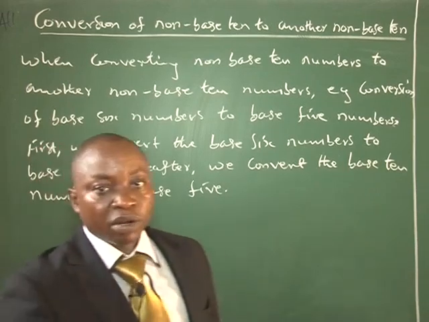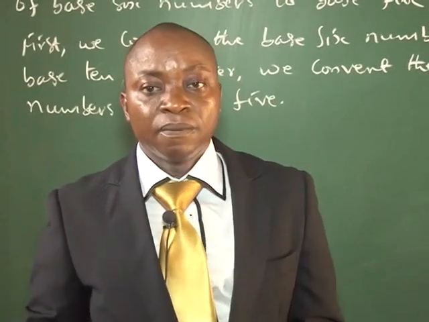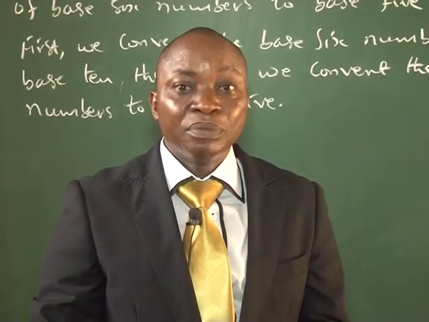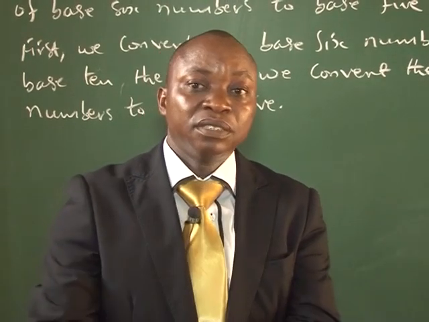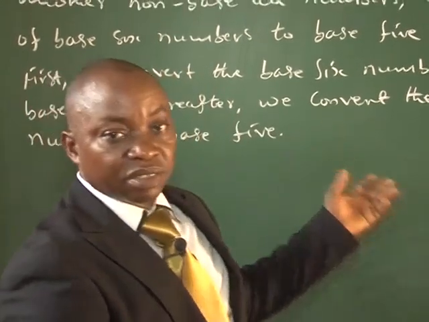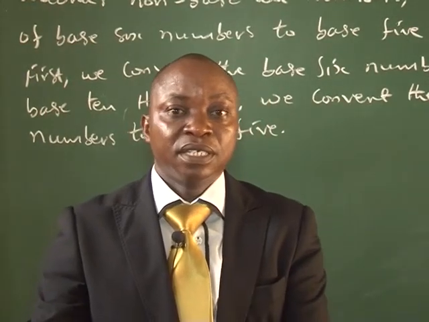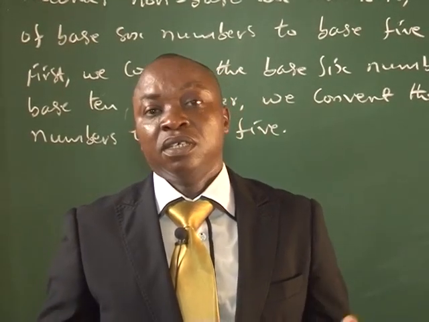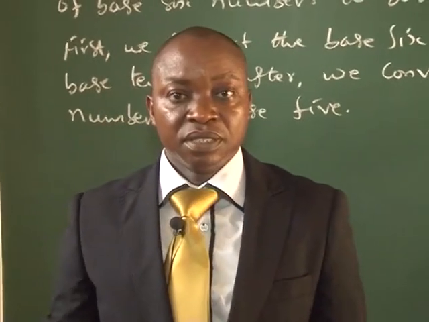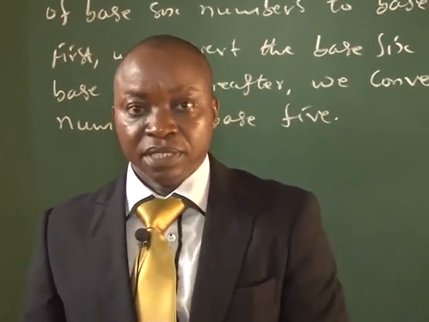So if you are converting a non-base 10 number to another non-base 10, we first of all convert the number to base 10. Then from base 10, we go to the other base. For example, we look at conversion of base 6 to base 5. We'll first convert base 6 to base 10, then from base 10 to base 5. It is done also in that way to other bases, provided you are converting from non-base 10 to non-base 10.